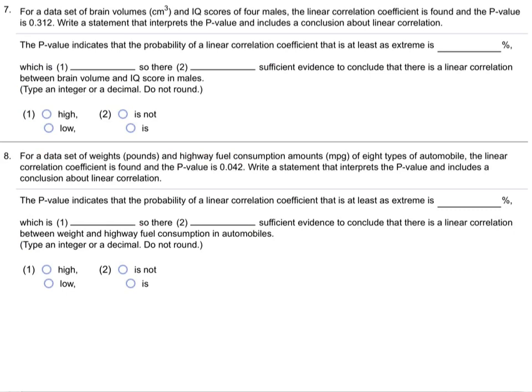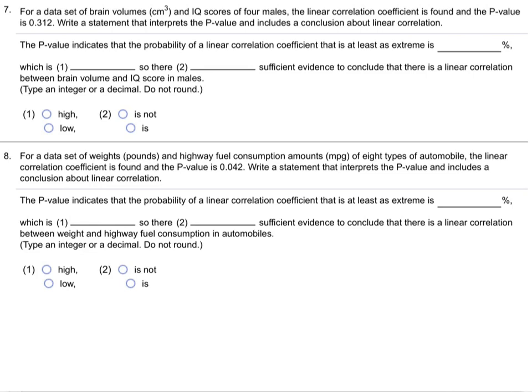So for a data set of brain volumes, so how big your brain is, and IQ scores, what do you think? Bigger brain, higher IQ, or does that not matter at all? Doesn't matter? They're measuring brain volume and your IQ. They're wondering, is there a relationship? No, because the p-value.